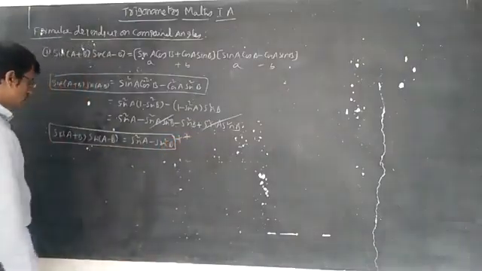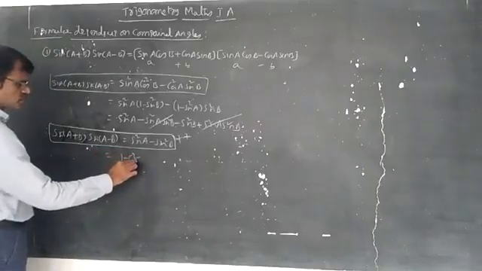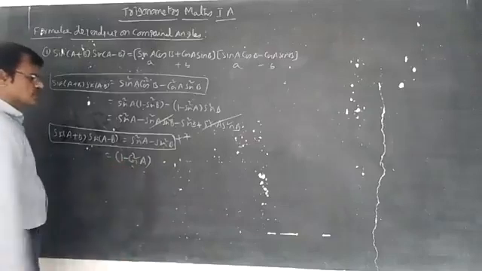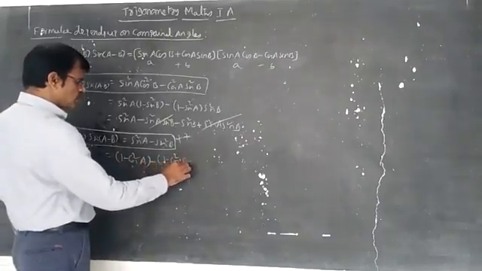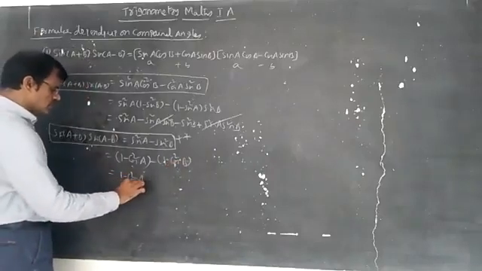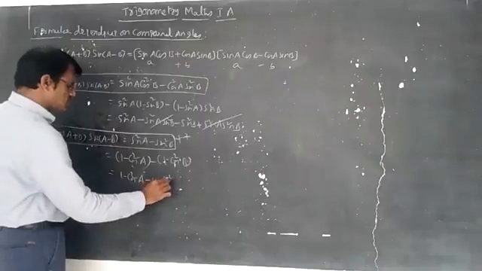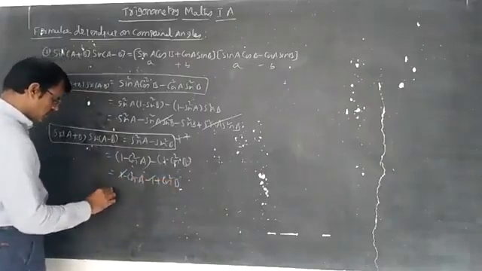Next one, the same formula you can write using cos. For sin square A write 1 minus cos square A, and for sin square B write 1 minus cos square B. It becomes 1 minus cos square A minus 1 plus cos square B. The 1 minus 1 gets cancelled.